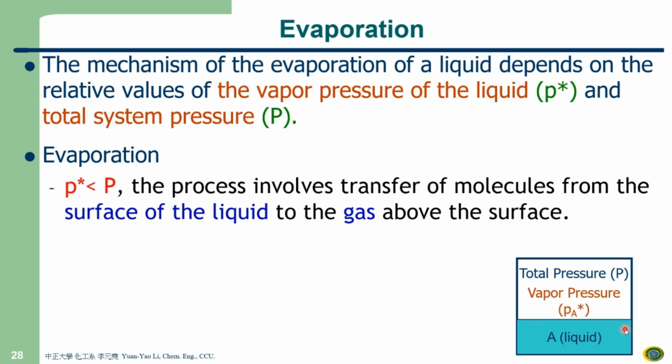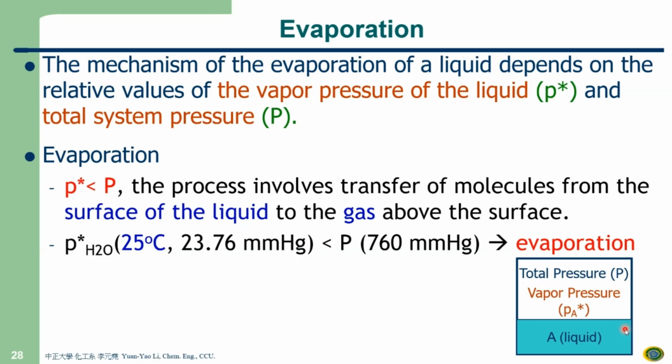For example, if this system is at 25 Celsius, and you check the vapor pressure table for water, you will realize the vapor pressure at 25 Celsius is only 23.76 millimeters of mercury.